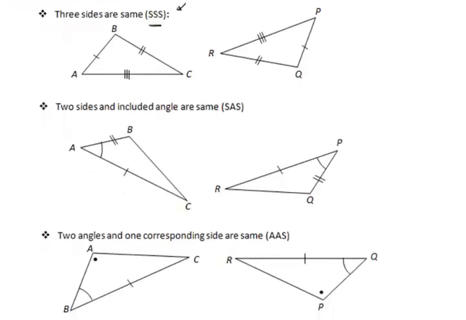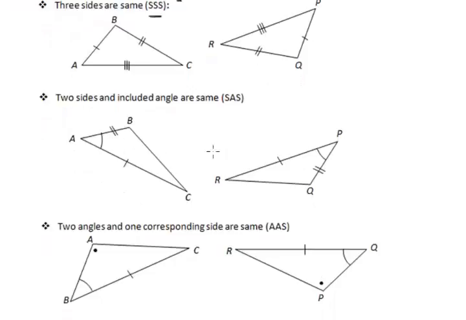The second condition that is sufficient to check whether 2 triangles are congruent or not is 2 sides and 1 included angle are the same. So for example, here in triangle ABC and triangle PQR, side AC and side PR are equal, and side AB and side PQ are equal, and their included angle, that is the angle between the 2 sides which are equal, are also equal.